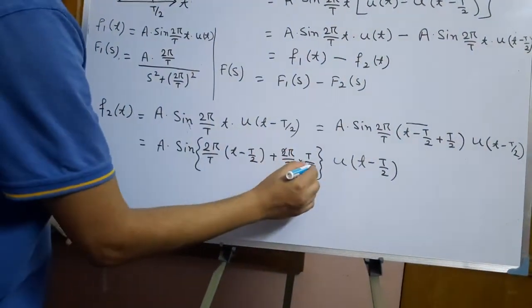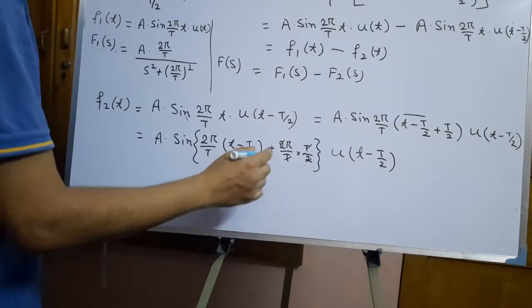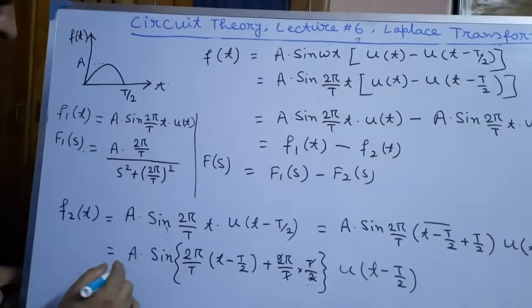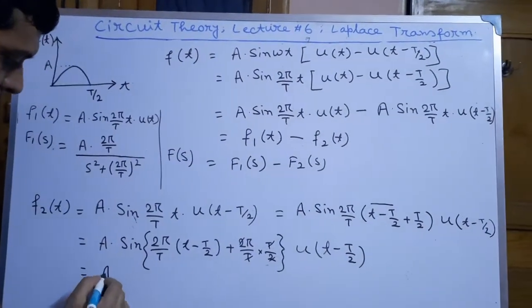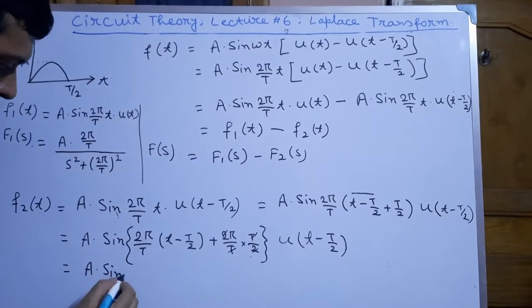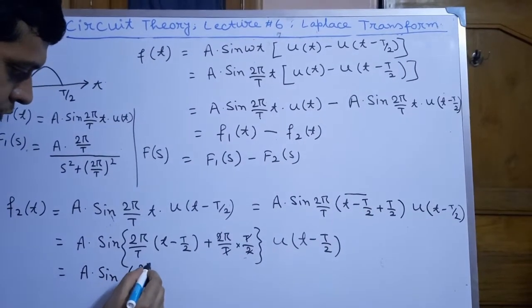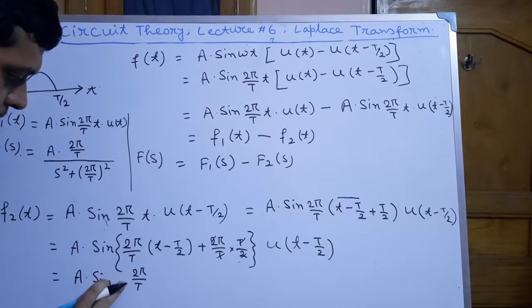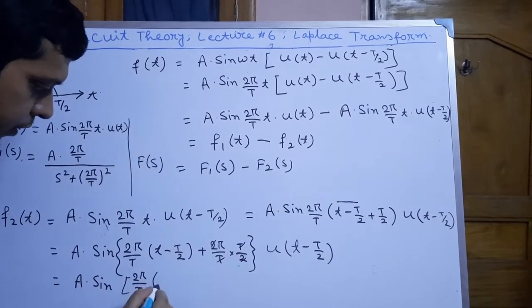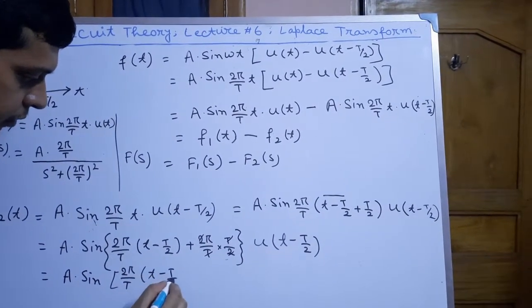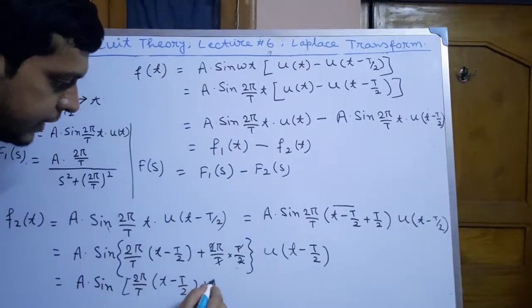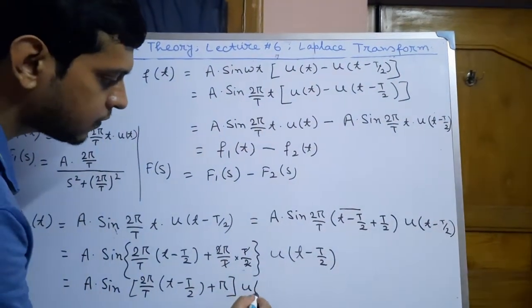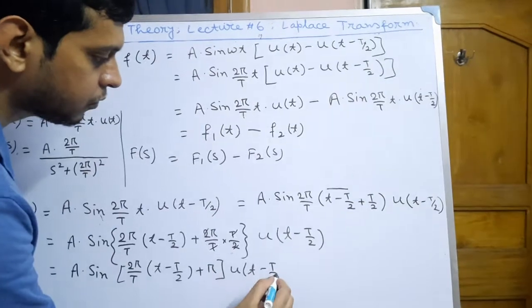Now these 2 and T will cancel out. So this is equal to A sin[(2π/T)(t − T/2) + π] u(t − T/2).